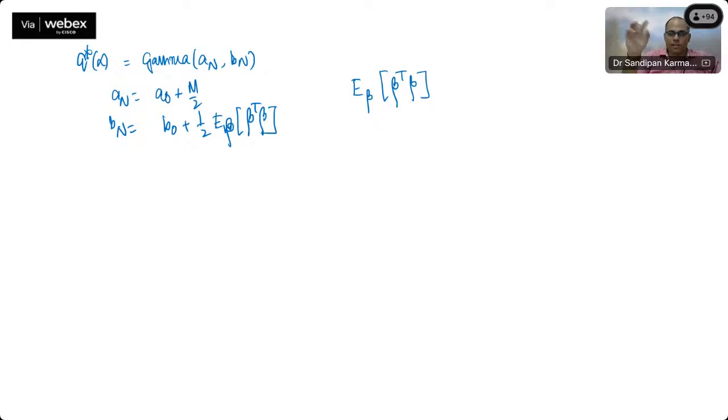We can use this particular identity: V of x equals E of x square minus E of x whole square. So if I want to find out E of x square, this becomes V of x plus E of x whole square.